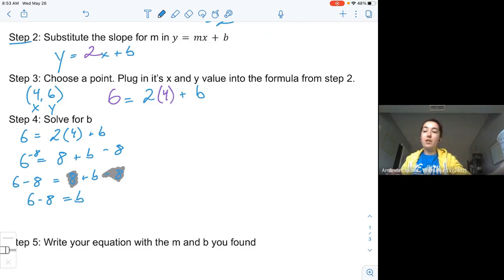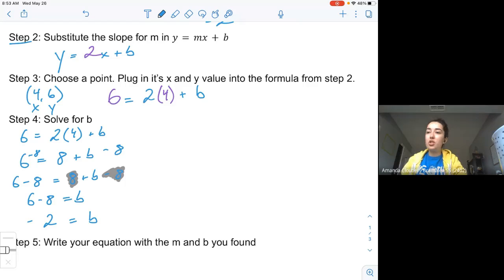What is 6 minus 8? It's -2. So -2 is equal to b. That is the y-intercept that matches with the equation of a line through our 2 points.